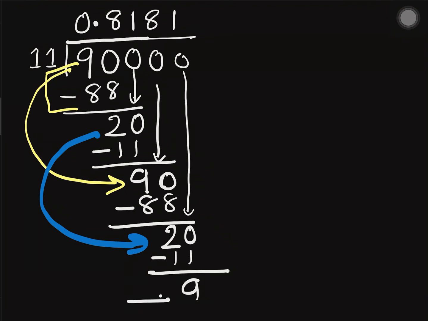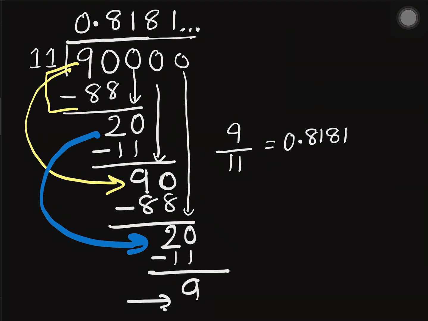Now the remainder never gets 0, because we will get either remainder 9 or remainder 2. So that means if the remainder is non-zero, you will get a non-terminating but repeating pattern.